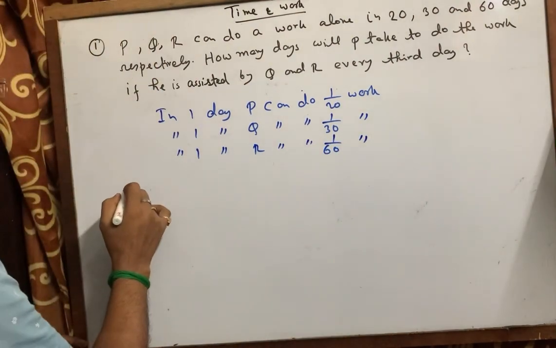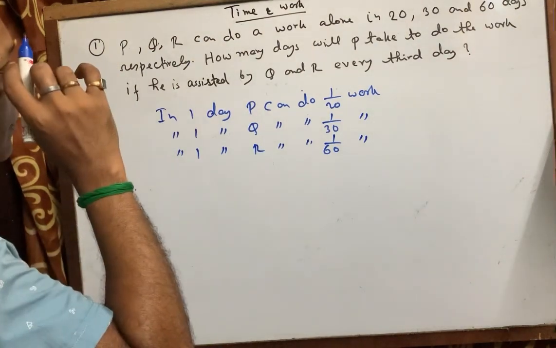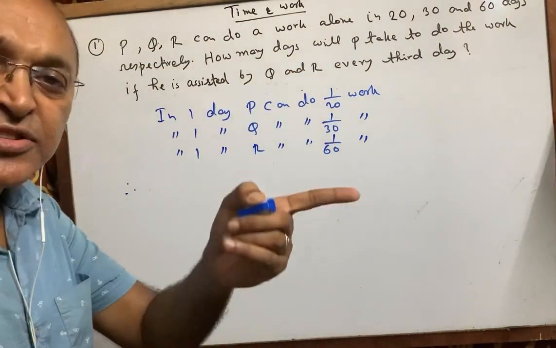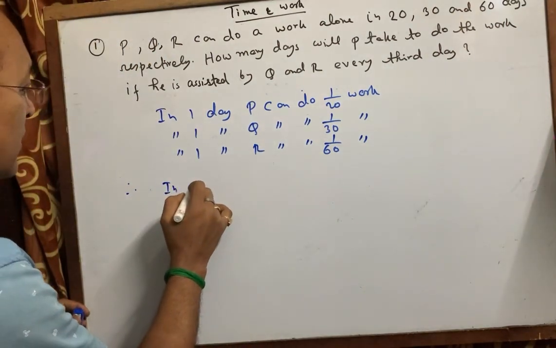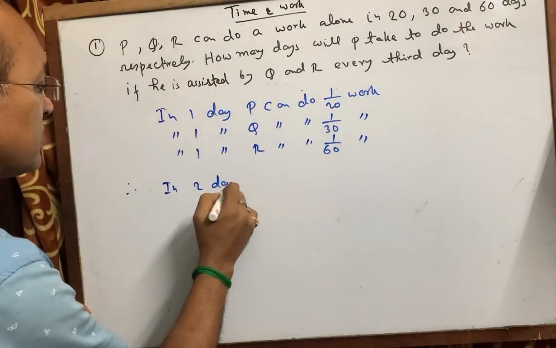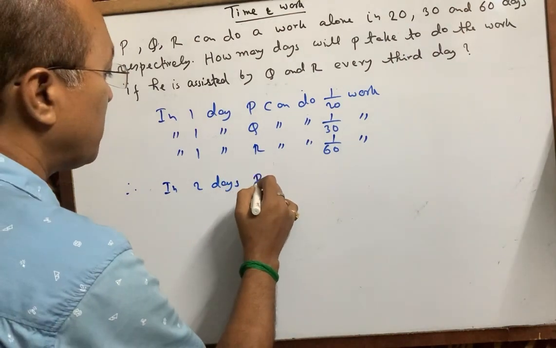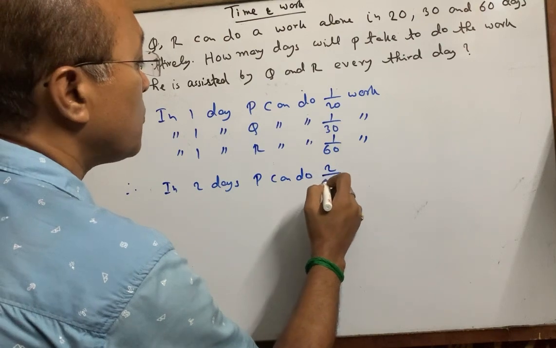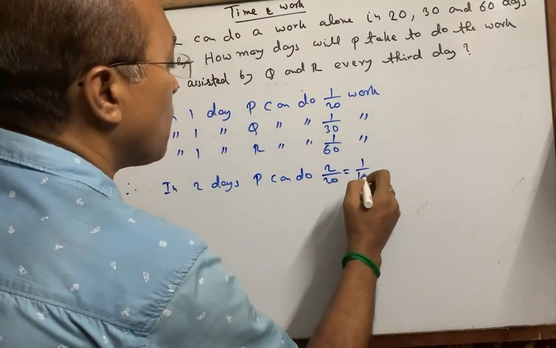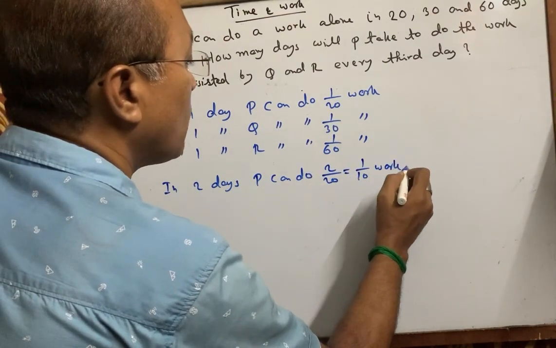Okay. Therefore, first and second day, that is in 2 days, P can do 2 by 20, that is 1 by 10 work.